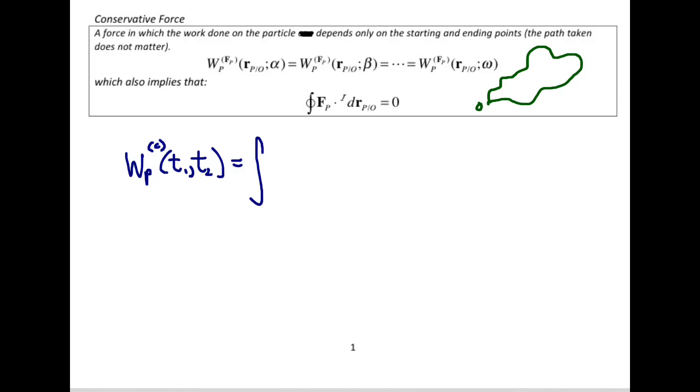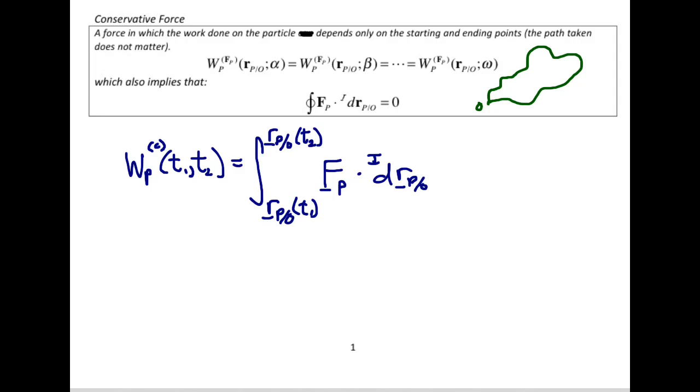So we get a definite integral where we go from R of P with respect to O at time 1 to R of P with respect to O at time 2. Those are our beginning point and our ending point. And then the integral is going to be of our conservative force dotted with our differential position as observed in the inertial reference frame.